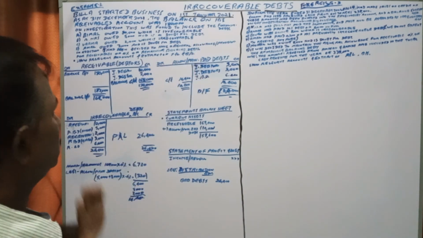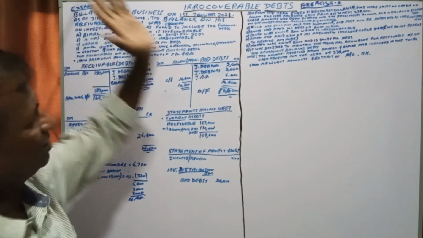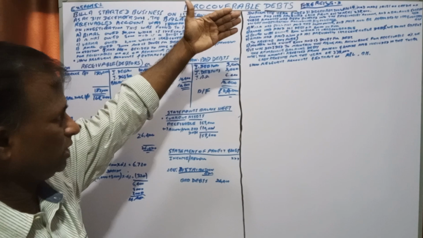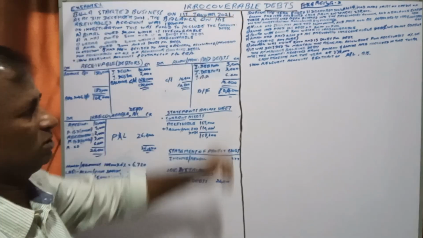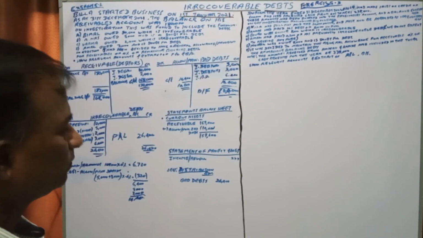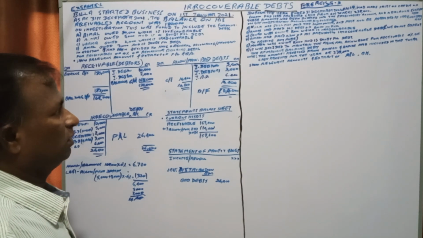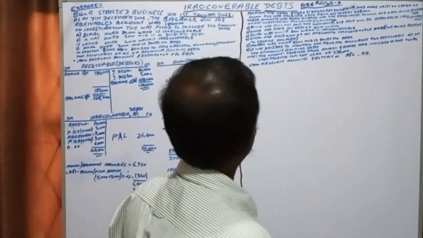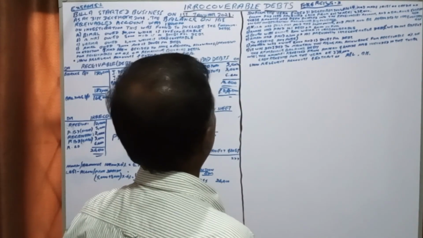This exercise also, this is the first year, this is the second year. This is 2021, this is 2022 transactions. So we will see the second one. Exercise 2.